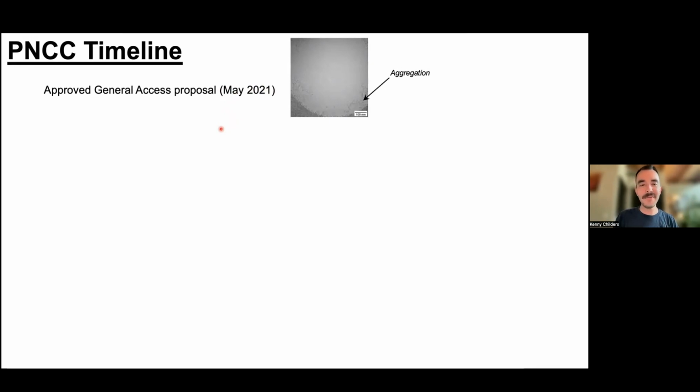So around this time, we were scratching our heads figuring out what to do next. Then Omar emailed me saying that PNCC had just come out with a screening access proposal mechanism.